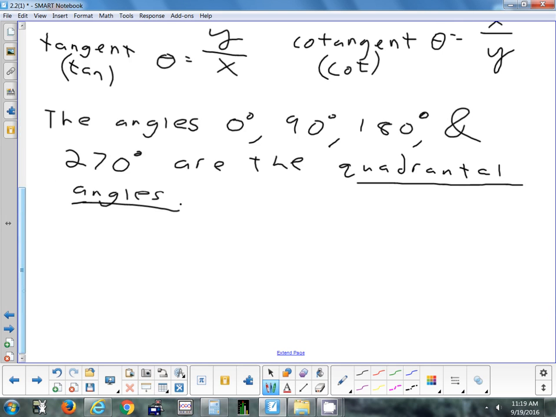These are the 4 of the angles we're going to work with this week. As I said earlier, some of the other angles we will work with today, more tomorrow and Wednesday. Multiples of 30, like 30, 60, things like that. And multiples of 45. And so if you ever see a question that says something about what are the quadrantal angles or asks you a question, now you know what they are.